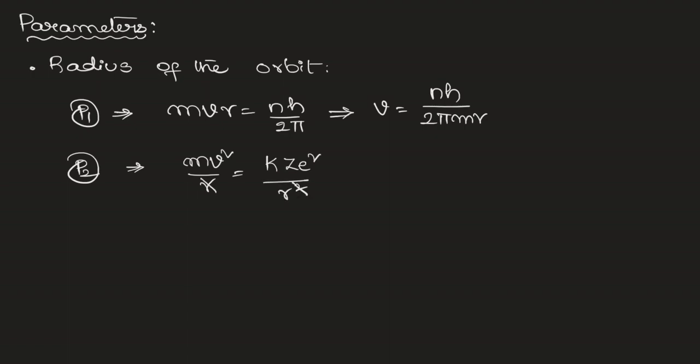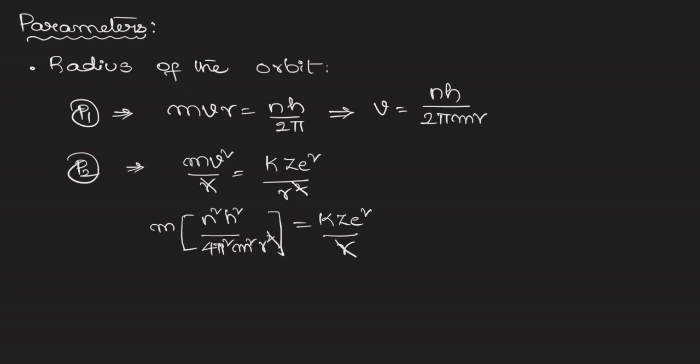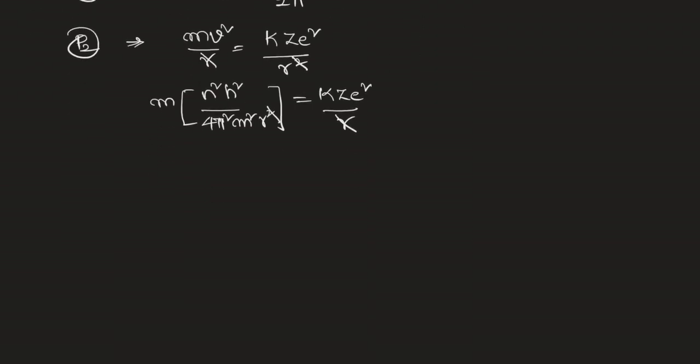So r gets cancelled. m into v square, which is n square h square by 4 pi square m square r square, is equal to k z e square by r. So r gets cancelled. So now from this, m gets cancelled.